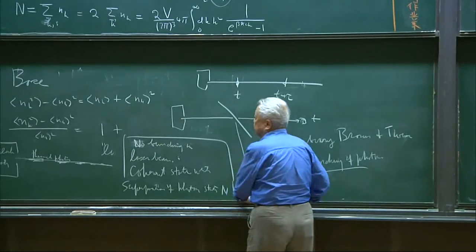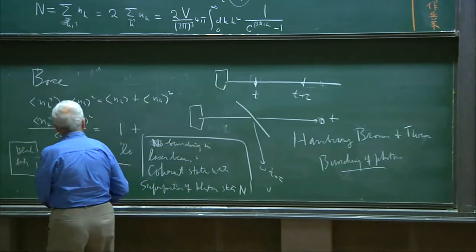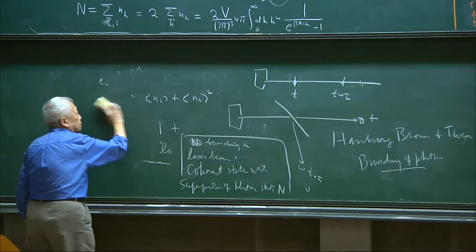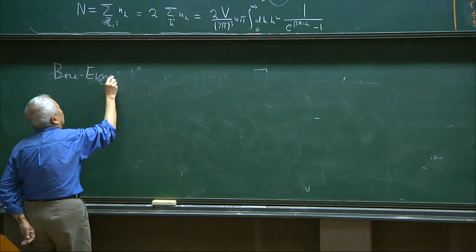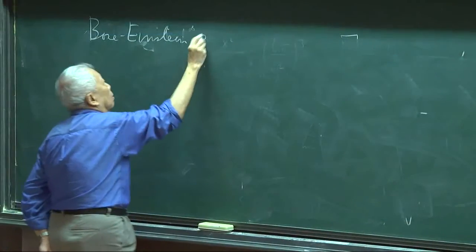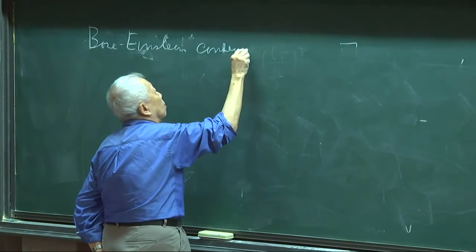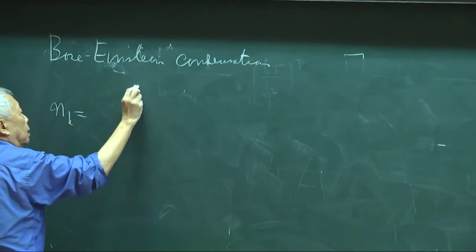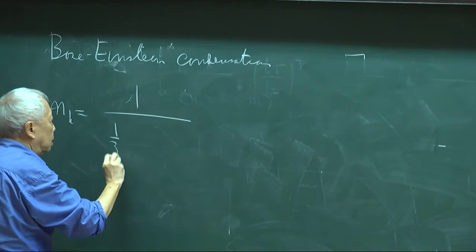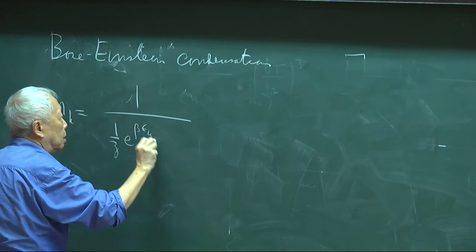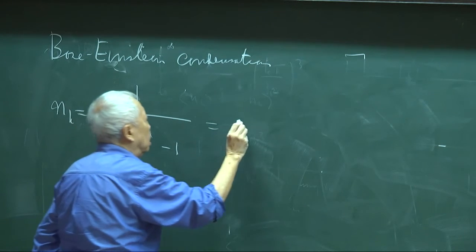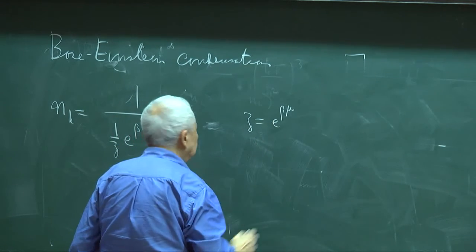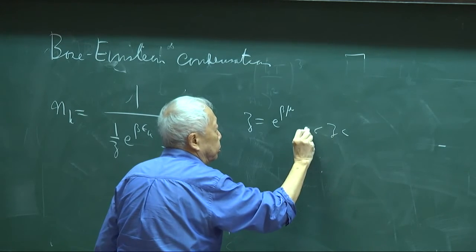Again, I'll have to sketch the salient physical consequences of that. And the consequence of that is Bose-Einstein condensation. Z is e to the beta mu, and Z has to be between 0 and 1.